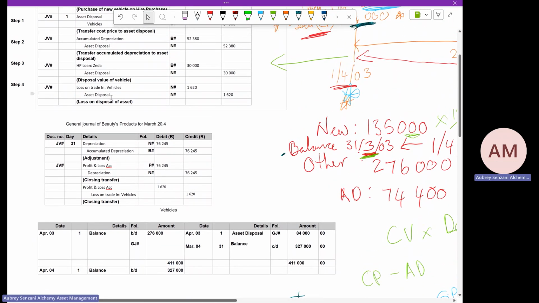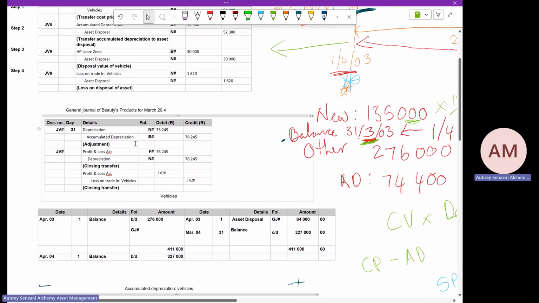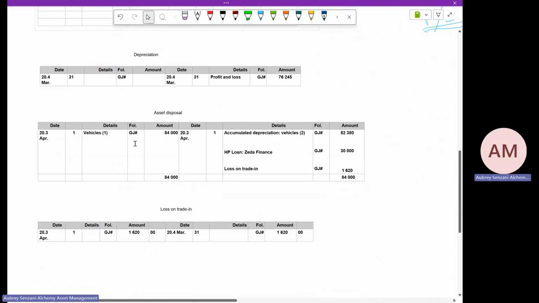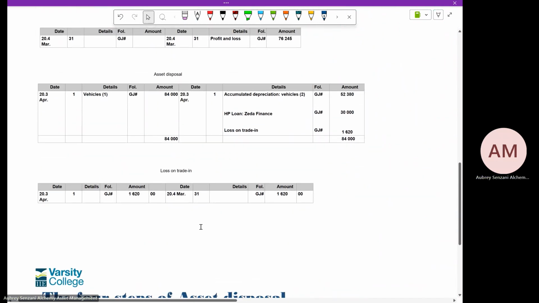That's fine. Loss on trade-in. Did they ask us to do it? Yes. Okay. So since we made a loss, we're going to debit here, which should be vehicles, and here should be asset disposal.